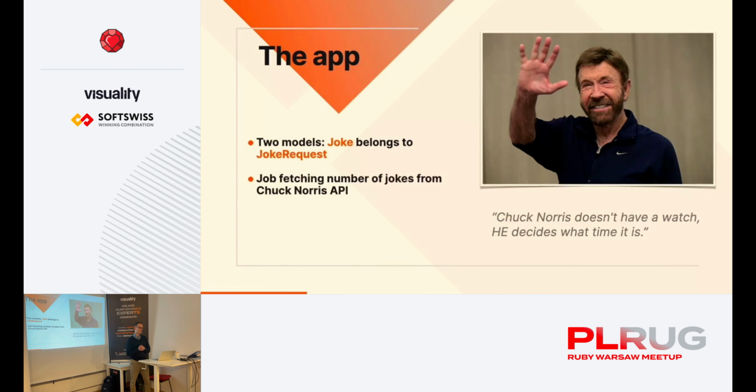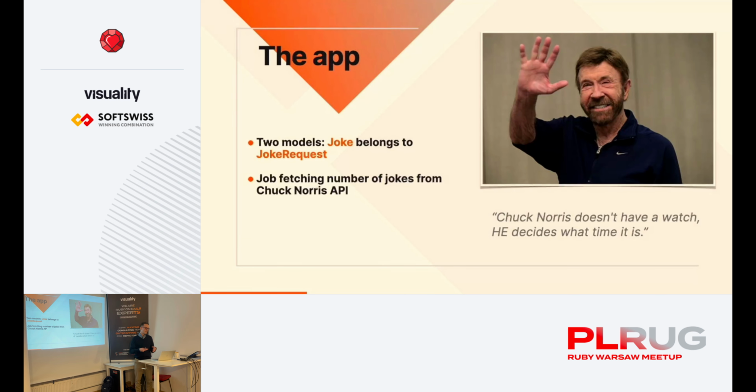So for the purpose of this presentation, I created a simple application, very simple, that consists of two models. There is a Joke and JokeRequest. JokeRequest is used to show the intention of fetching some jokes. We will use the Chuck Norris API for fetching some random jokes about Chuck Norris.